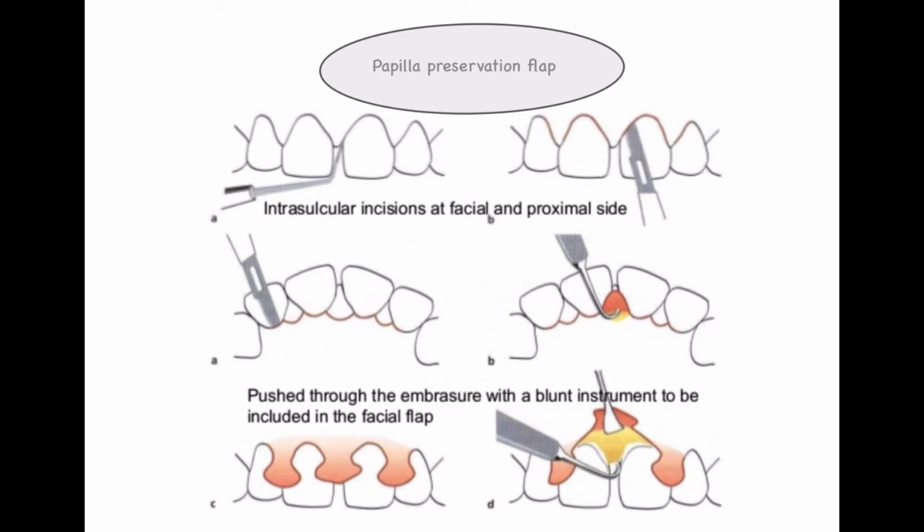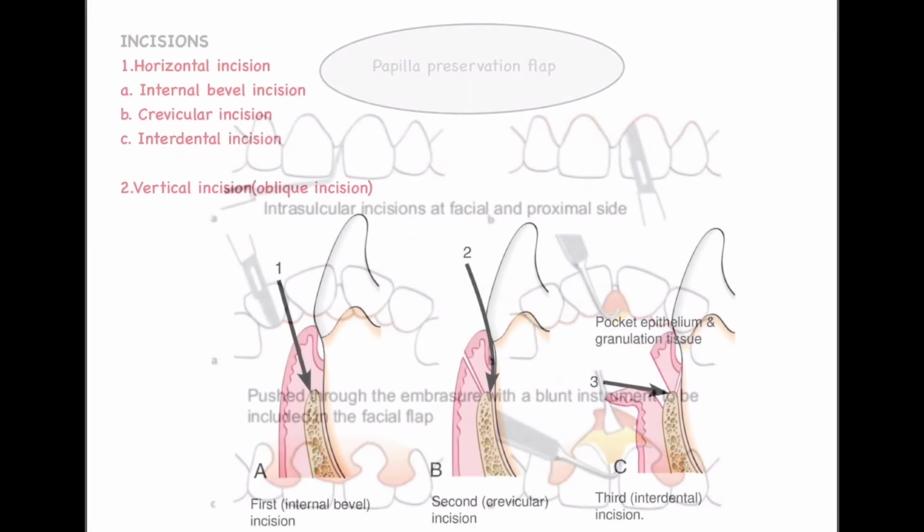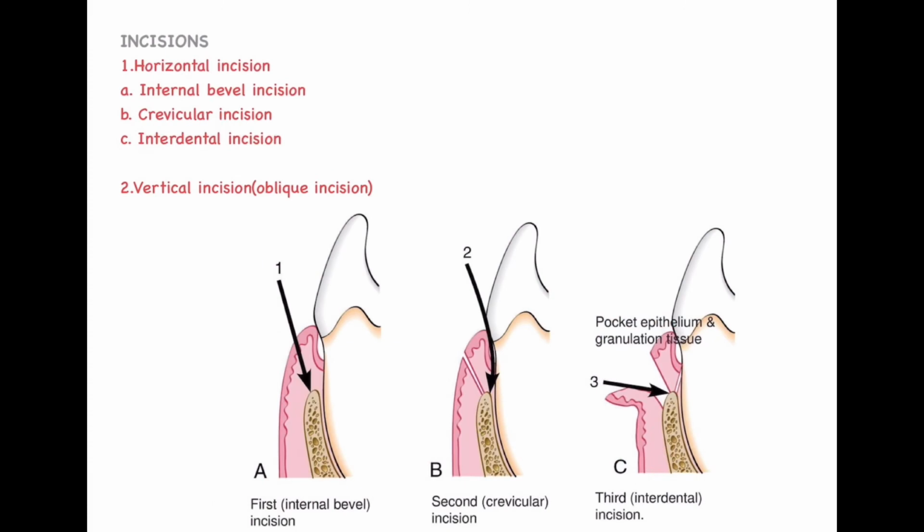So along the circumference of the tooth, that is along the gingival sulcus, along both the facial side as well as the palatal and proximal sides. Then we are pushing it through the embrasure with any blunt instrument, and then we are reflecting the flap. So we are not causing any damage to the interdental gingiva, we are just reflecting the flap from the attached gingiva. Here we are done with the flaps.